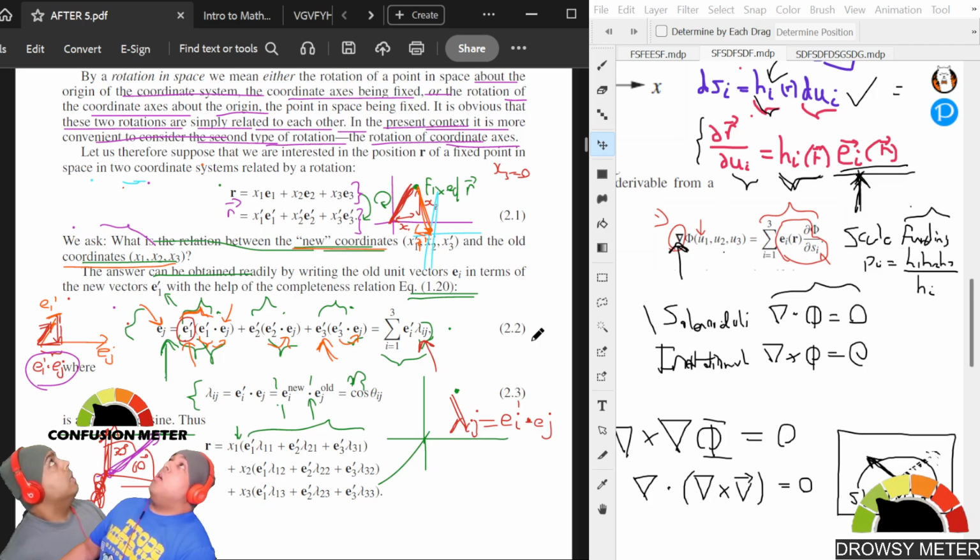EJ equals the summation of EI prime times lambda IJ, where it goes from 1 to 3, right?